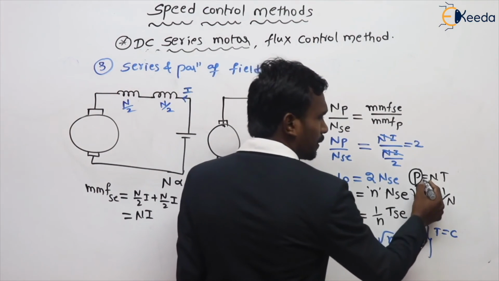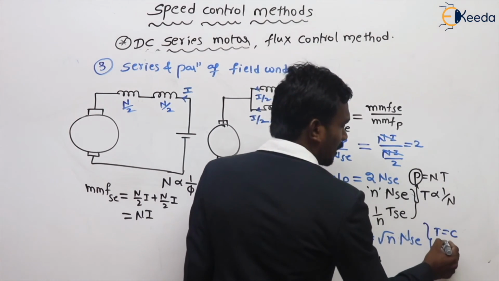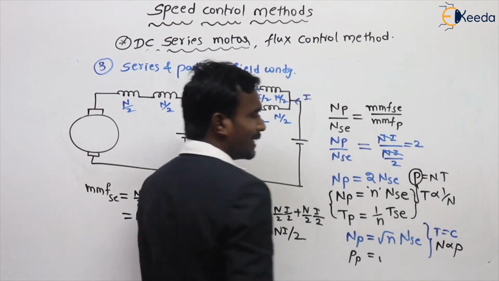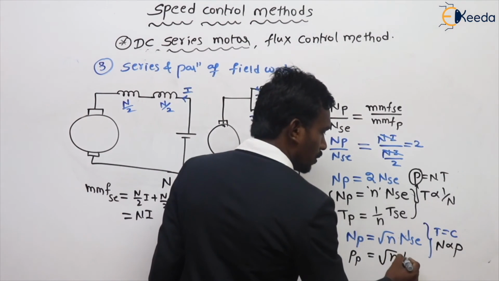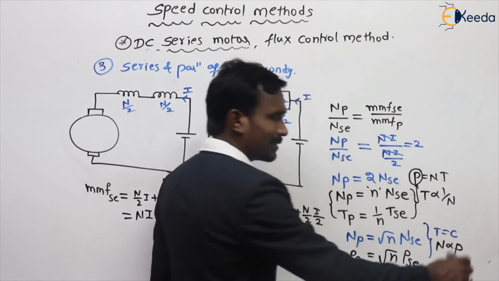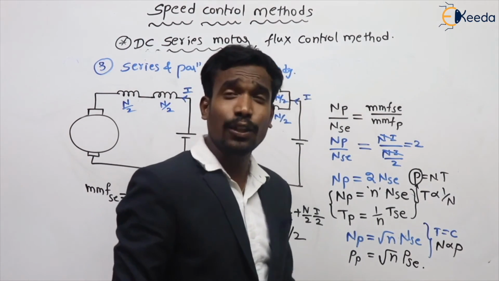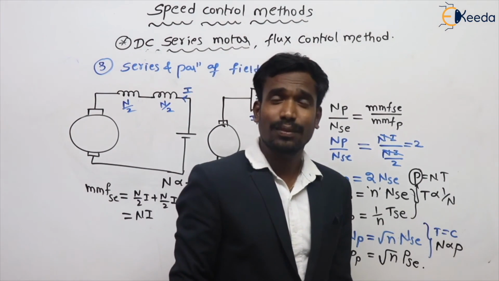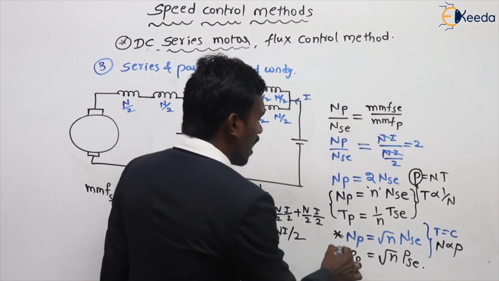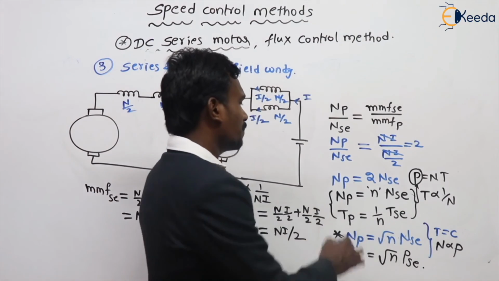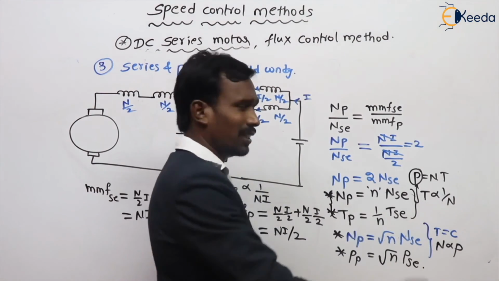What is the relation between power and the speed? The speed and the power are directly proportional. So power in series connection. Are you okay? Right? So this is generally for speed and the power and speed and the torque.